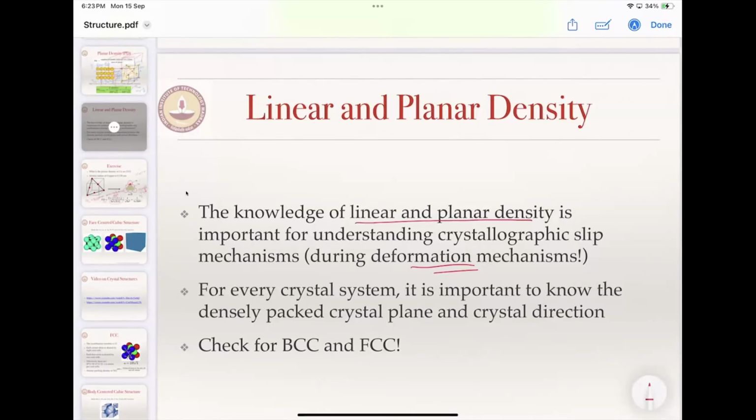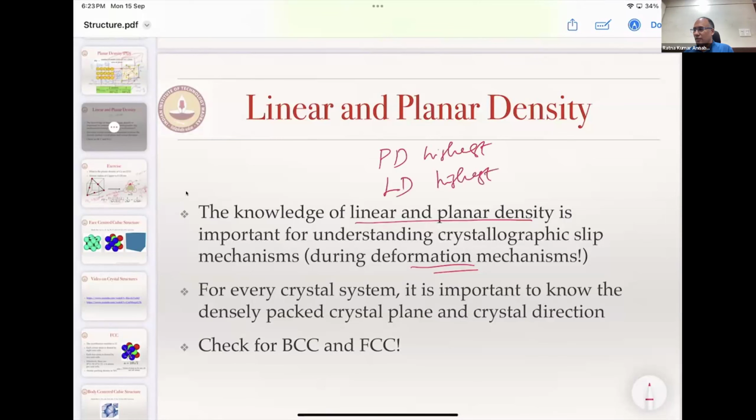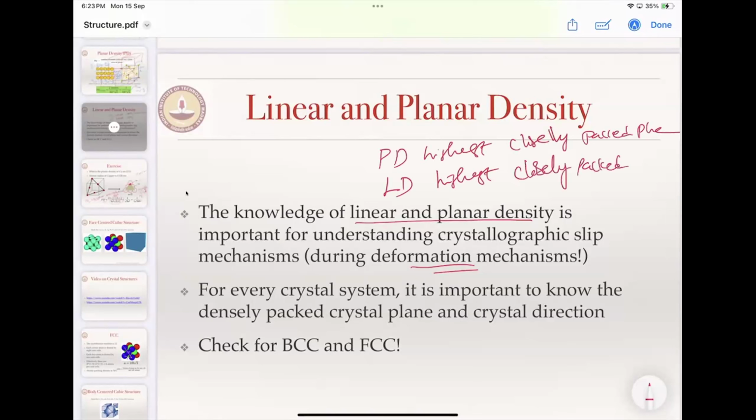Meaning, when I say most closely packed plane, I am looking for PD highest. And when I say most closely packed direction, I am looking for LD highest. This is my closely packed plane. This is my closely packed direction.